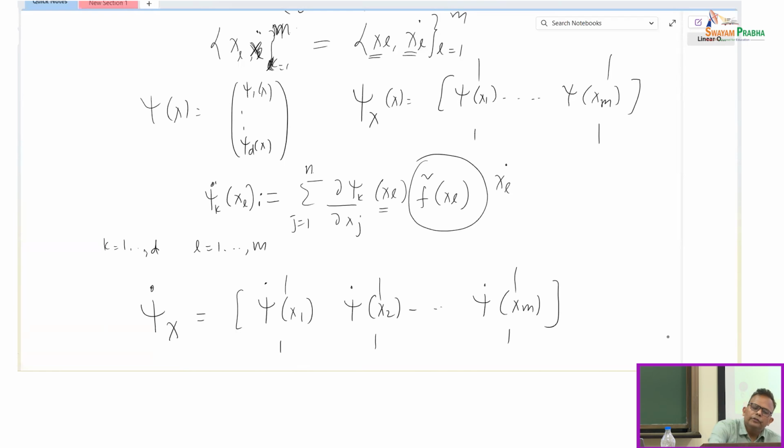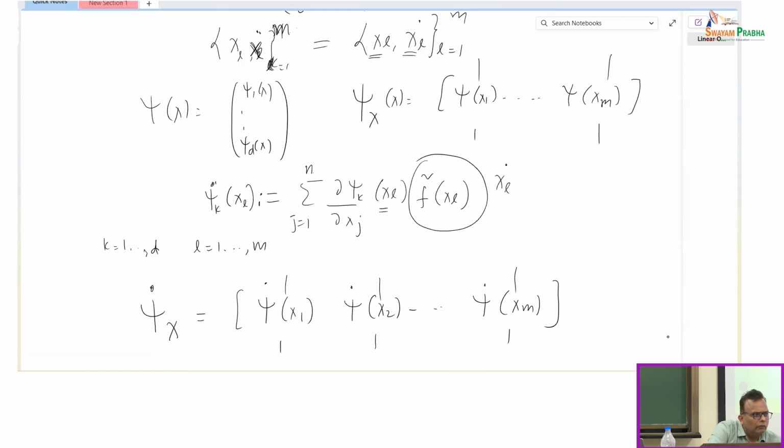Okay, so we start with data x l dot, where x l dot is approximated numerically. We have m data points. We pick these basis functions psi1 to psi d, d basis functions. We construct this matrix psi of x, just like what we did in discrete time, evaluating these lifting functions at the m data points. We then define psi k dot using the following right hand side, where we have information about all the quantities.